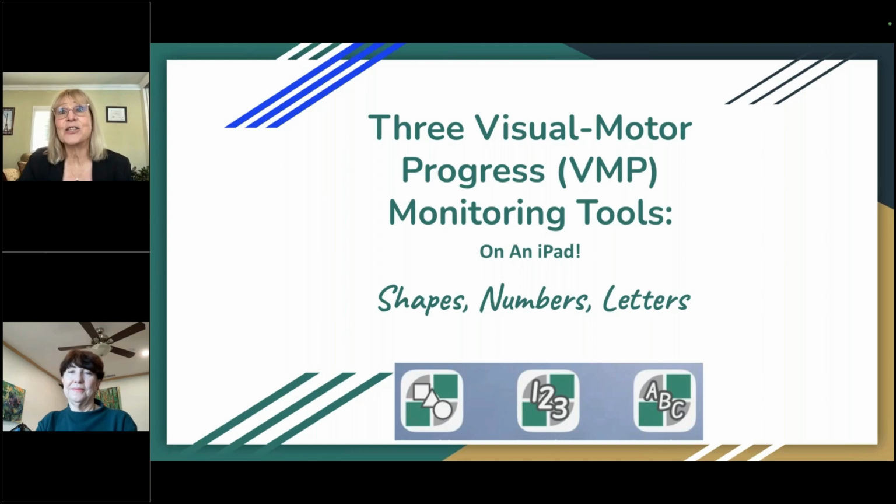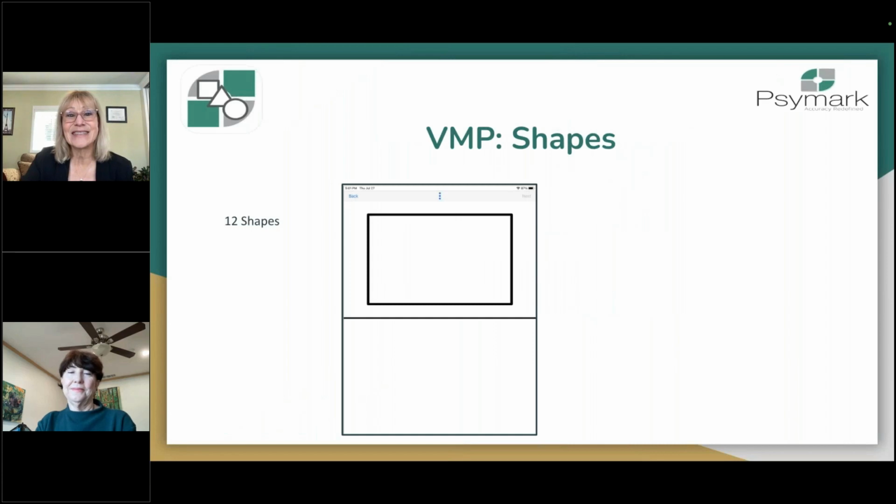Psymark currently has 3 visual motor progress monitoring assessment tools. They are called shapes, letters, and numbers, and I'm going to introduce you to all 3. So here is an example of shapes, the first one, on an iPad. And with shapes, an examinee is presented with 12 shapes that become more and more challenging.